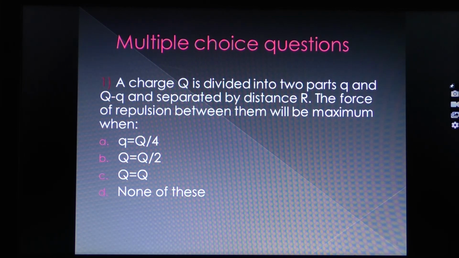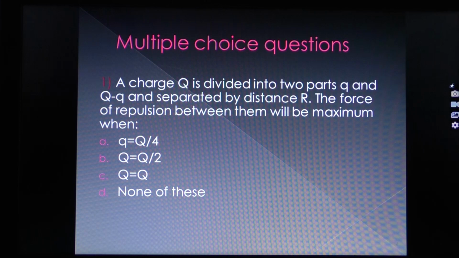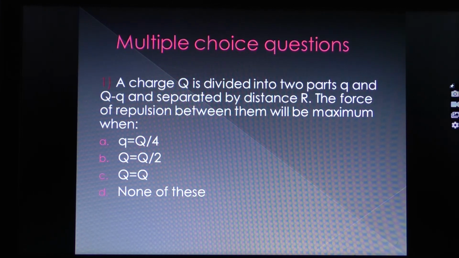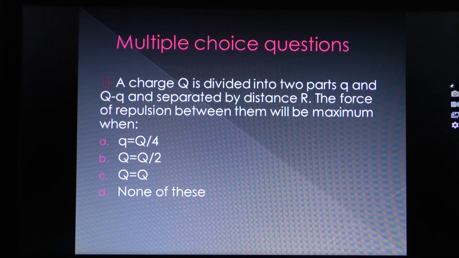The force of repulsion between them will be maximum when, there are four options: A, Q by 4; B, Q by 2; C, Q; D, none of these.